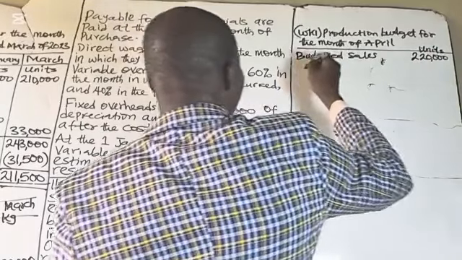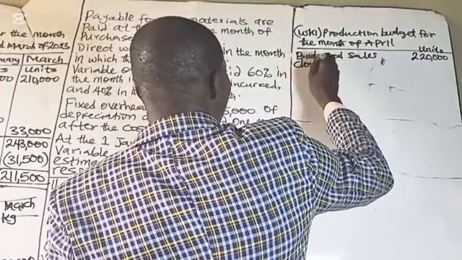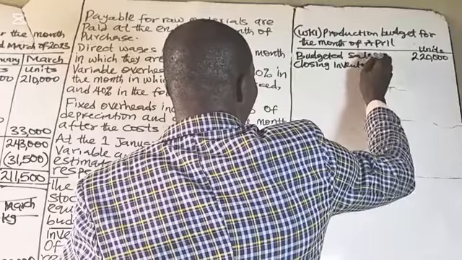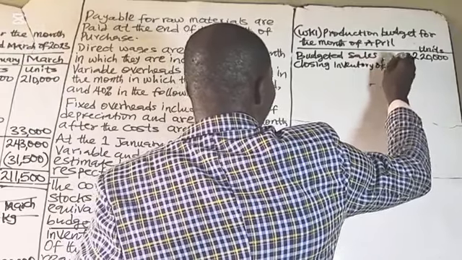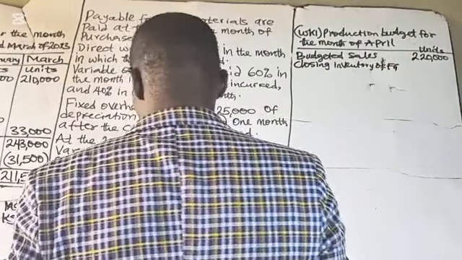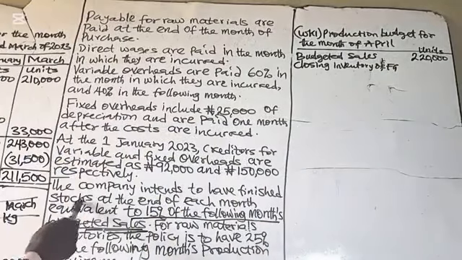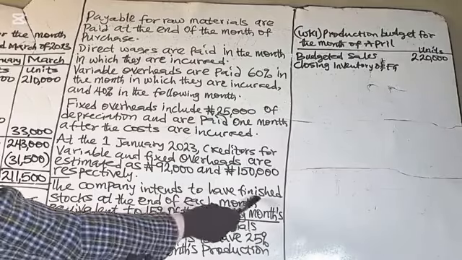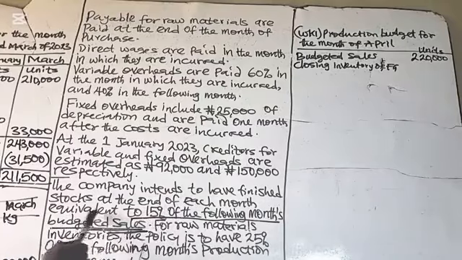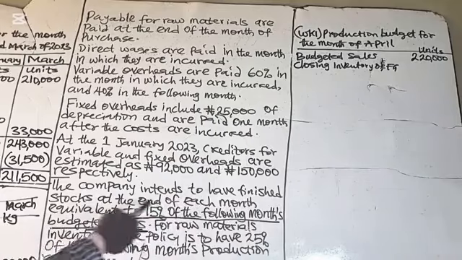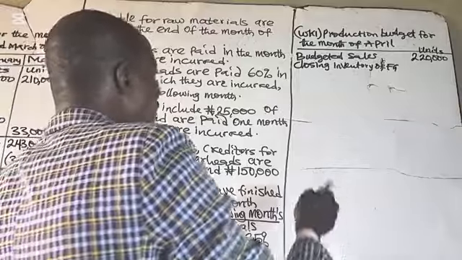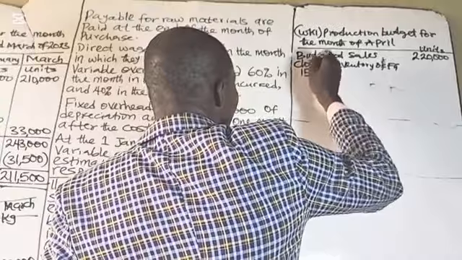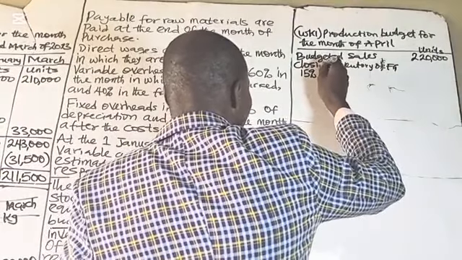Then you add the closing inventory of finished goods. Remember, you were told the company intends to have finished stocks at the end of each month equivalent to 15% of the following month's budgeted sales. That means we have 15% of sales for the month of May.